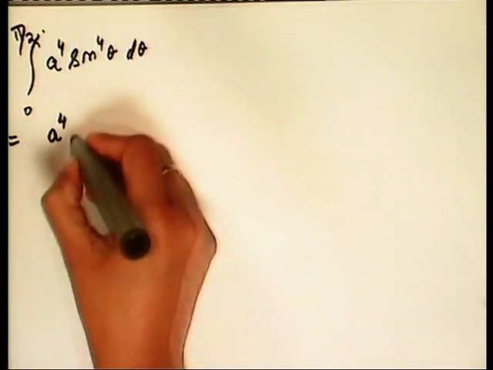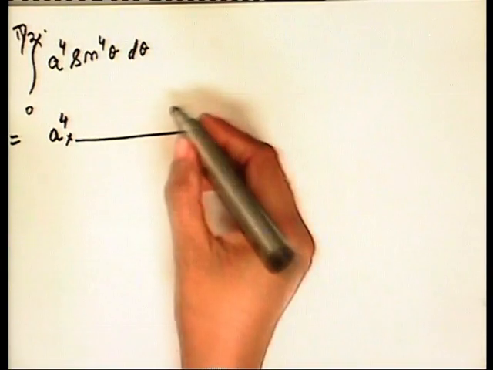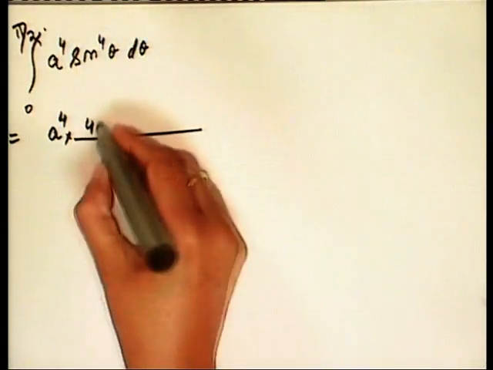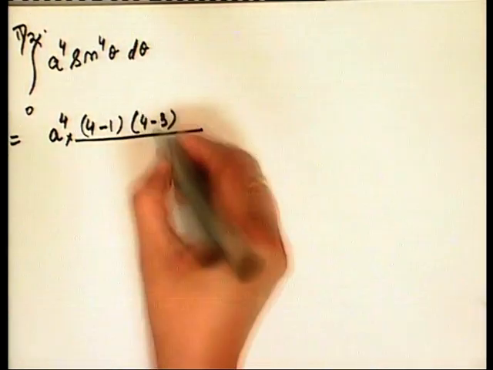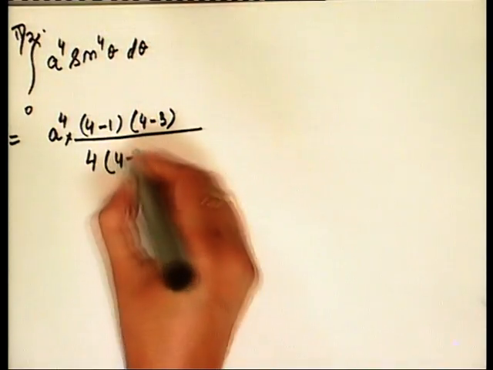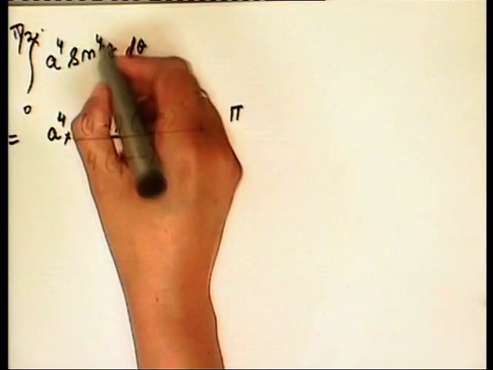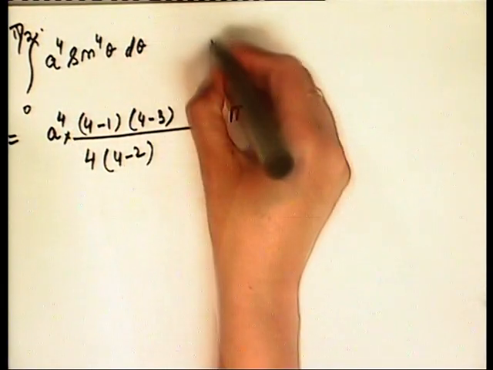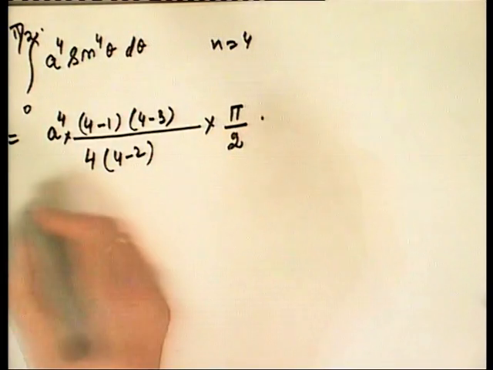A4 is common, and the formula is (4 minus 1)(4 minus 3) in the numerator, and in the denominator 4 times (4 minus 2), and because n is an even number, we multiply by pi by 2.